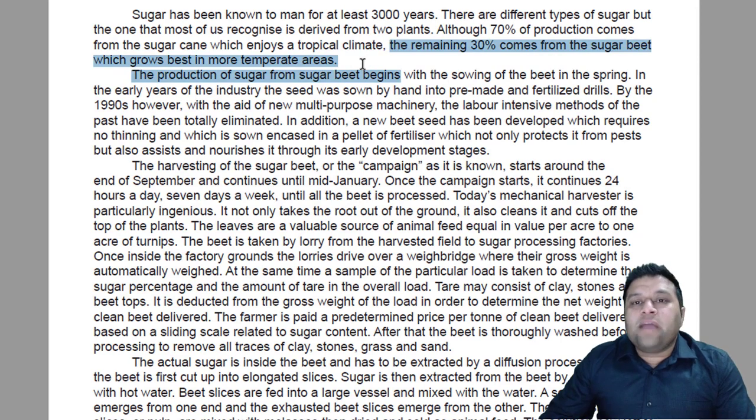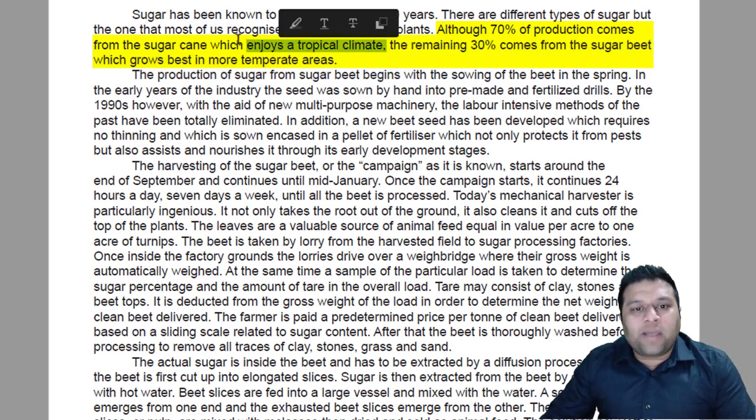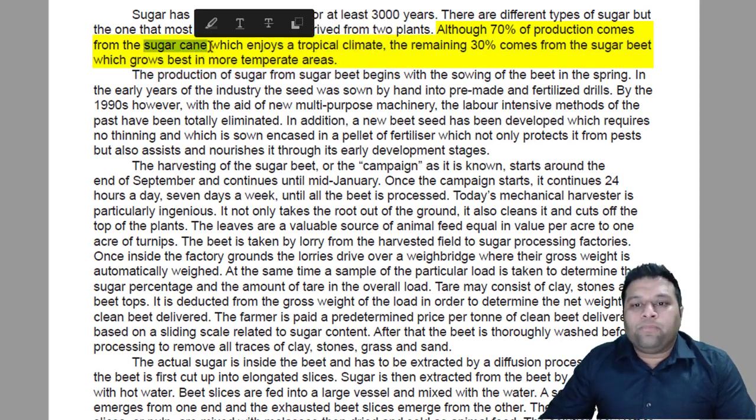Some of you may think it's true. Some of you may think it's false, but the correct answer is not given. And I'm going to explain why, right? It says 70% of production comes from sugar cane, which enjoys a tropical climate. Now they're talking about tropical climate for sugar cane, which is a bamboo, right?